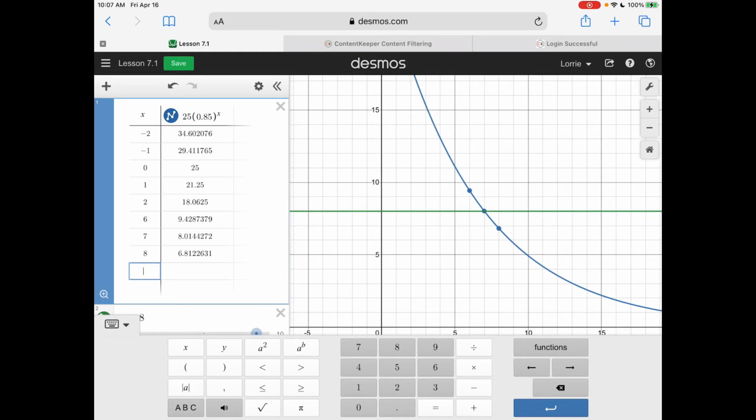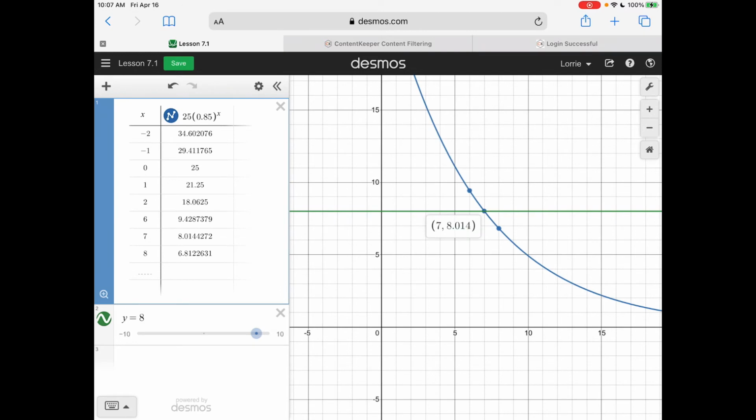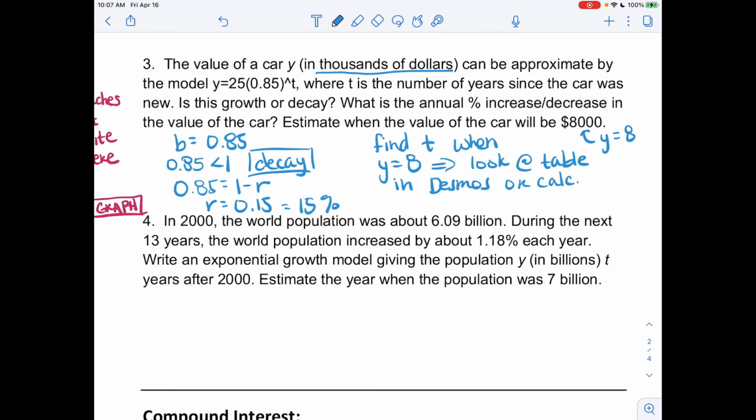You can see that an x value of 7 gives us a y value very close to 8. So we will go ahead and report that value. Again, you could get it off of the graph directly by plotting a line at y equals 8. So we will come back over here and report that our t at y equals 8 is about 7 years.